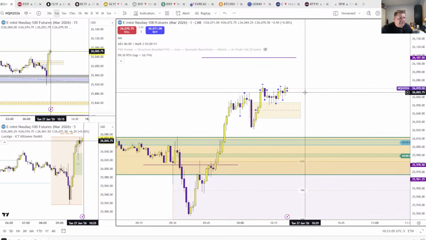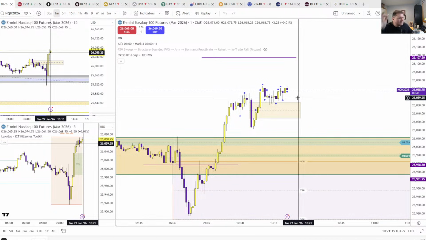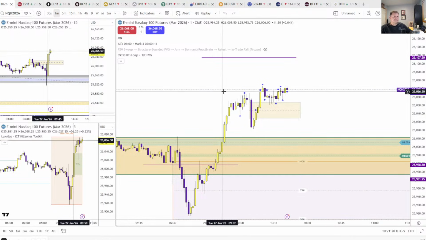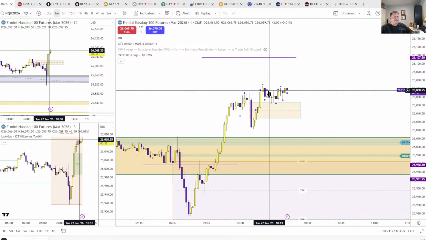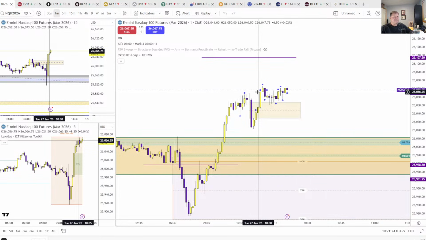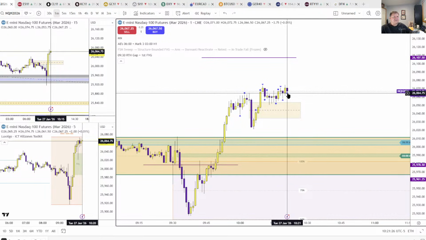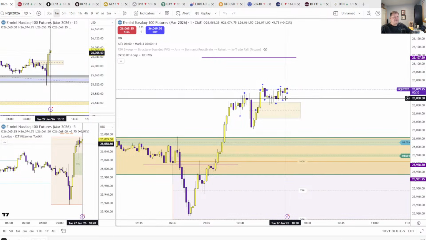Still not done yet, but now we definitely have traded above that level. There's the retest. It's the 21 candle. Now you want to see that send it higher.